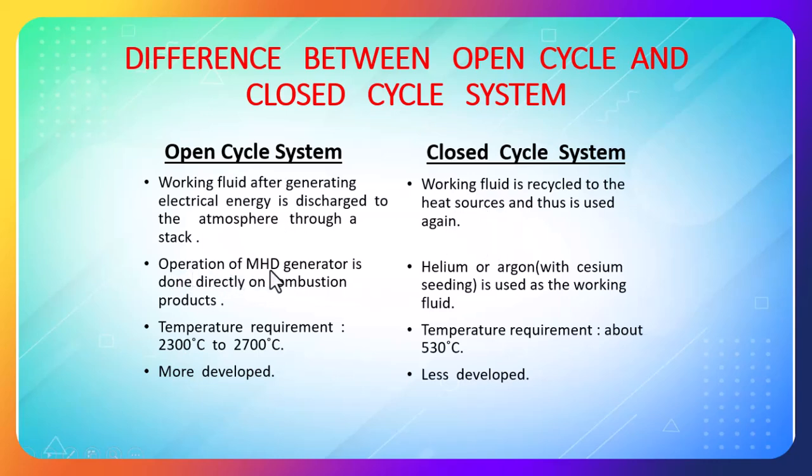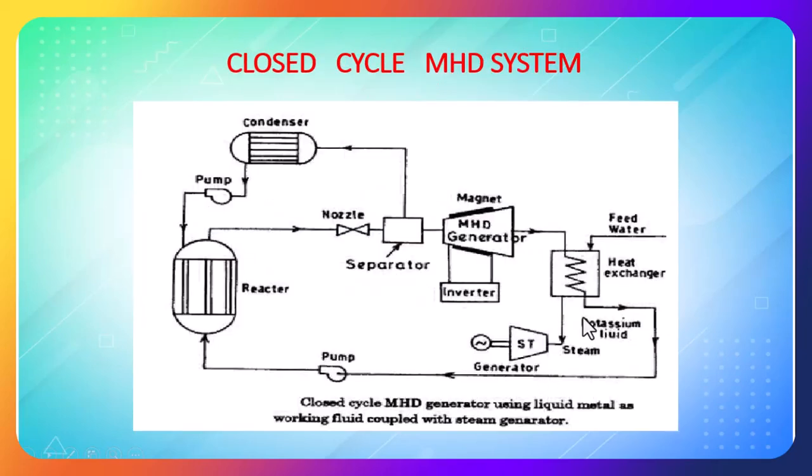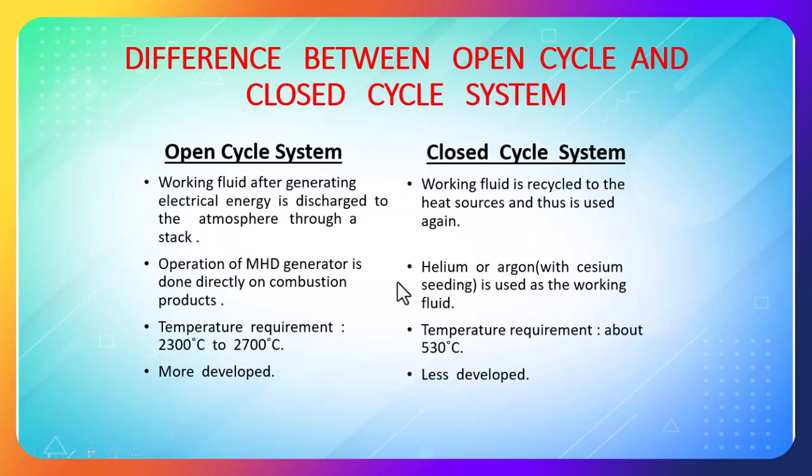The operation of the MHD generator is done directly on combustion products. From some other combustion product I try to get the gas. Now here, in the combustion process the heat is absorbed by helium, argon, or, as we saw on the last slide, potassium.